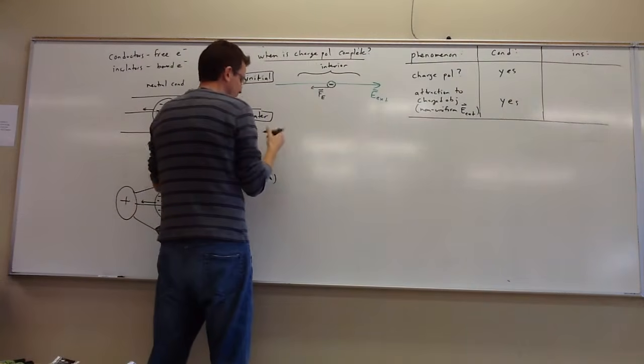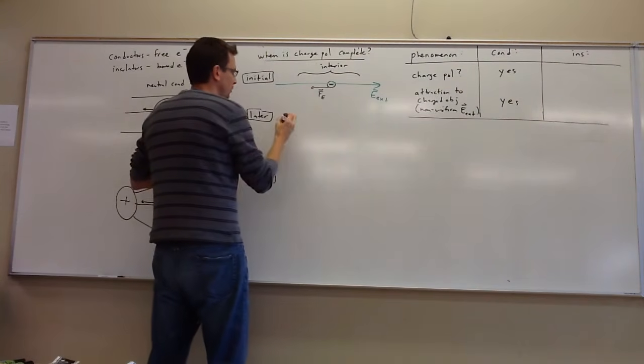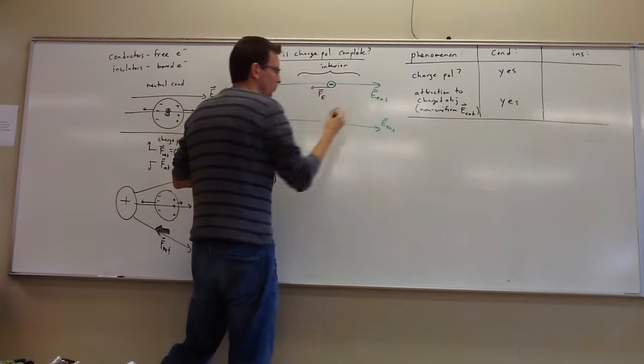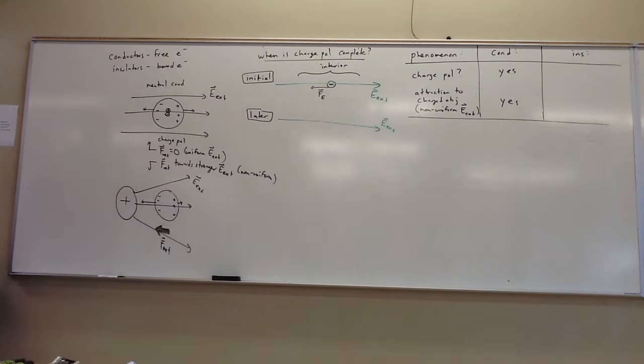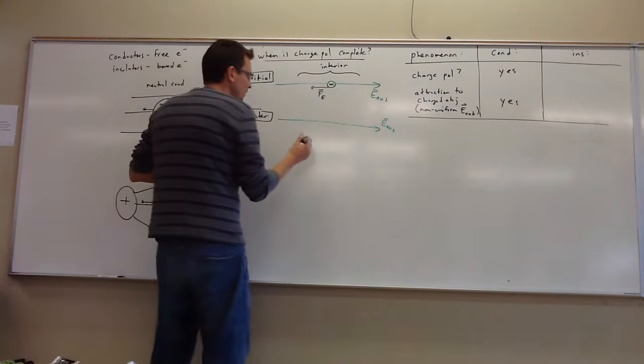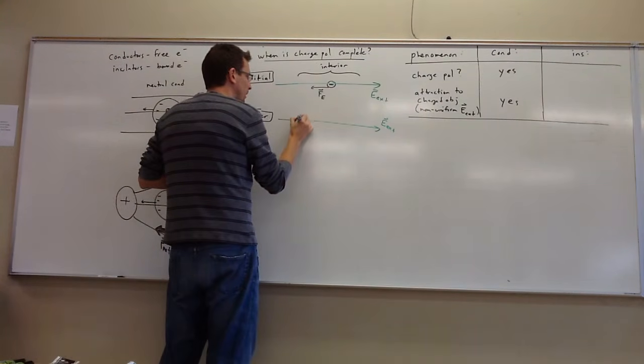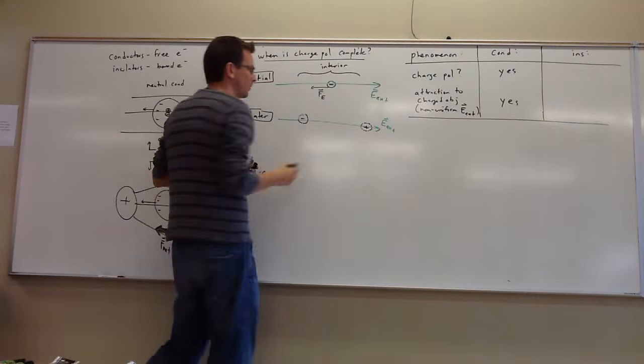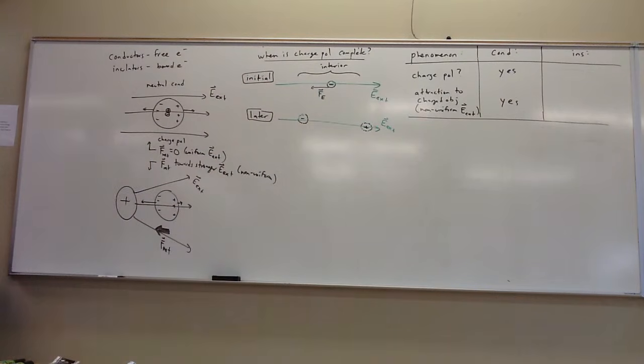Now let me remind you that E external, first of all, that's still there. That's supplied by some outside mechanism. So that doesn't care about what's going on in the conductor. But now there are some electrons that have already gone to the left edge, and of course, since this thing is neutral overall, it had to leave behind a positive charge.